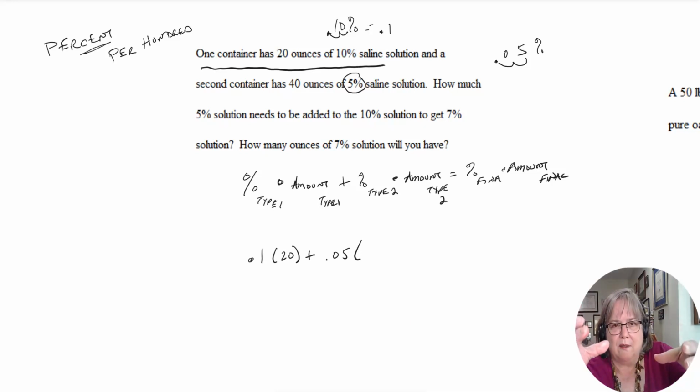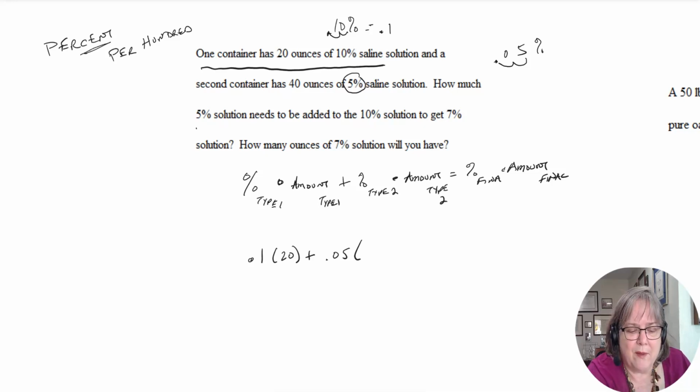So I've got 20 ounces of 10%. I'm going to pour the 5% solution in. How many ounces do I need? I don't know. That's the question. So how much 5% needs to be added? That's X. Okay. Equals my final percent. Now, what's my final percent?